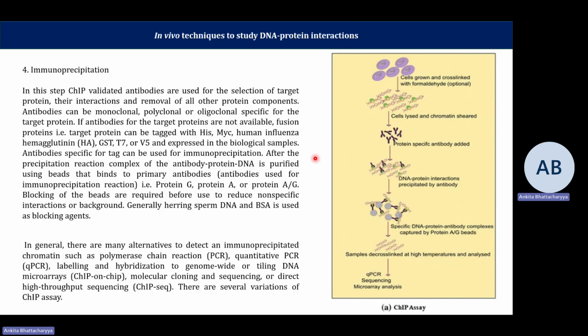Now, the antibody you use in this case might be monoclonal, polyclonal, or oligoclonal, specific for the target protein. If these are not available, then target proteins may be tagged with His, Myc, human influenza hemagglutinin, GST, V5, etc., expressed in the biological samples, and then that can be used.